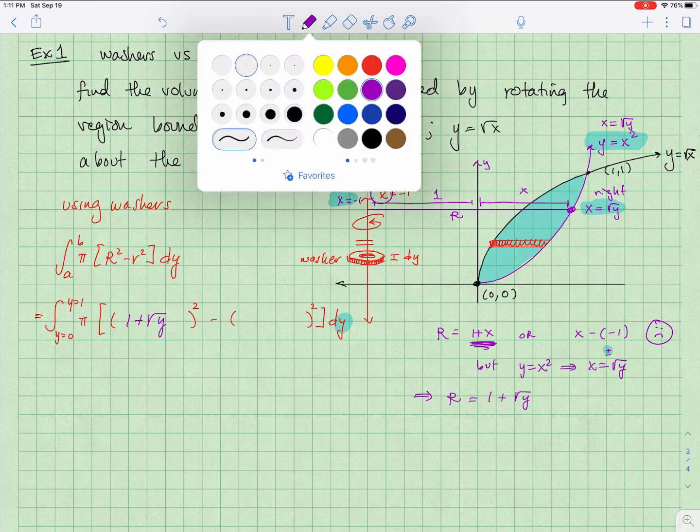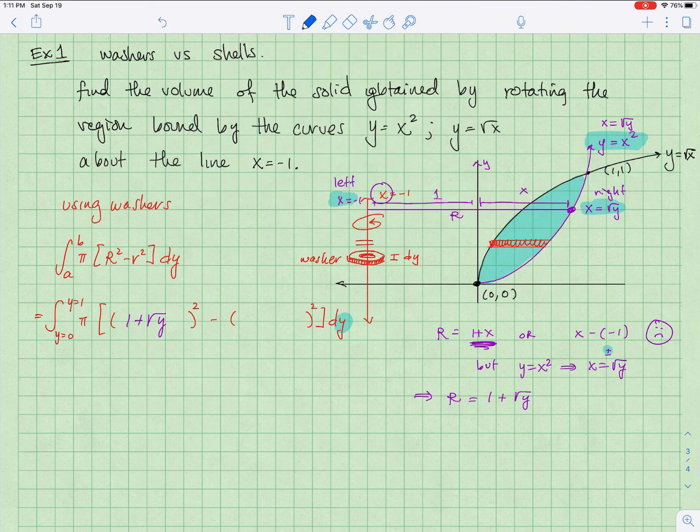For our other radius, I'll do this in blue. Our other radius is measured from the vertical line, x equals negative 1, over to this particular curve. Now, this particular curve is y equals root x, or x equals y squared. So this is x equals y squared and x equals negative 1.